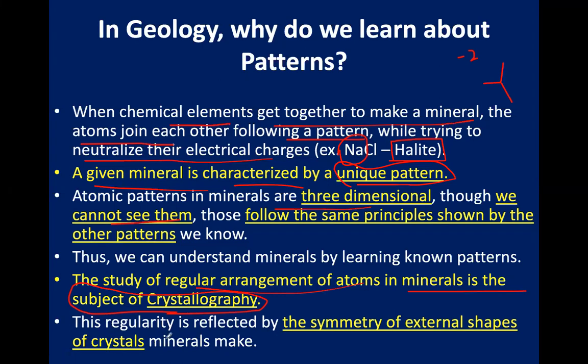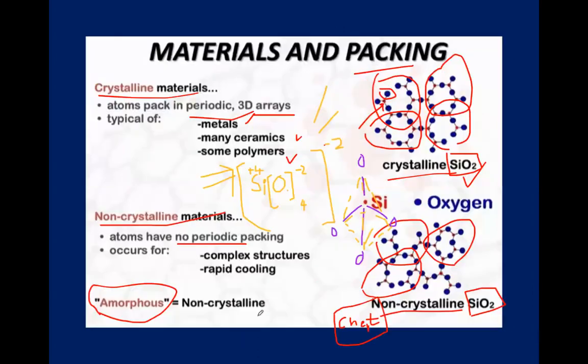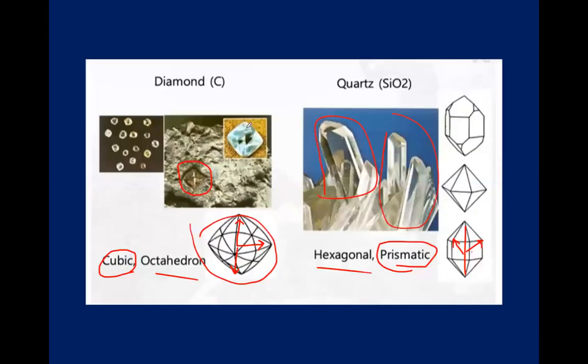So this regularity is reflected by the symmetry. If something is symmetrical, that means it has a regular arrangement. So this symmetry causes external shapes of these crystals. That's why we saw different shapes here. That is because of this internal arrangement.